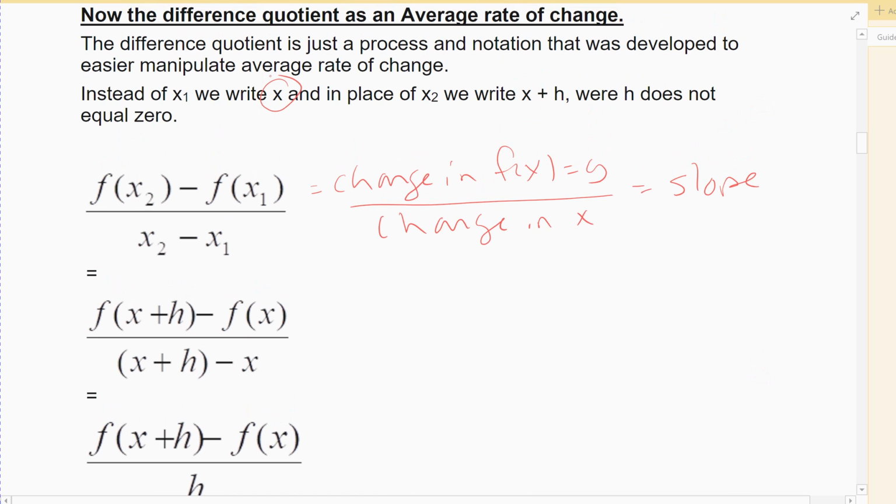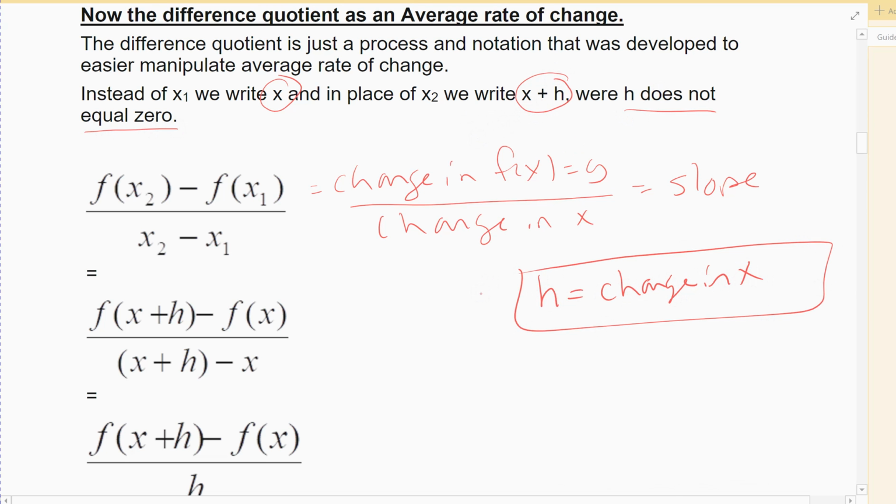I can start at any x value on my function. And instead of point 2, I can't be at my same x value, but I've got to be a little bit away from my x value. And so we make point 2 x plus h, where h is not 0. And what h represents is that change in x, going from point 1.